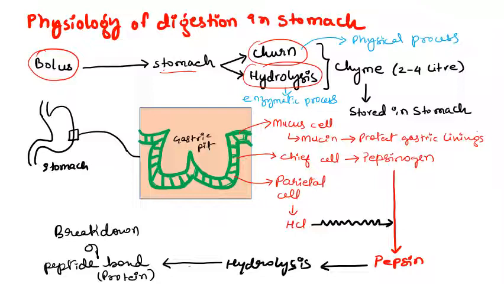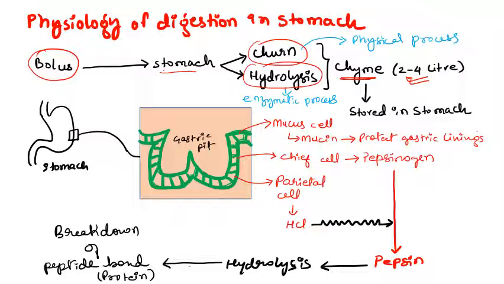Once the food is broken down into smaller particles and hydrolyzed, the product formed is known as chyme. Around 2 to 4 liters of chyme will be stored in the stomach.